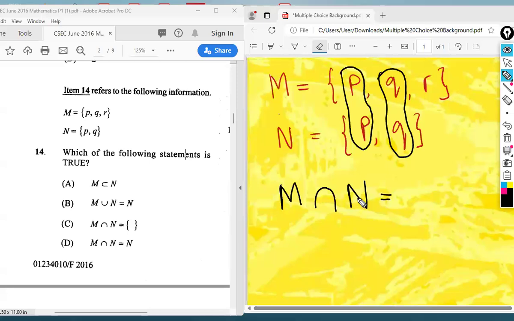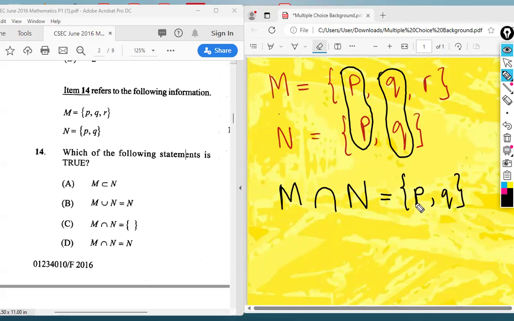M intersect N means what do M and N have in common? That is what intersect means. When you have 2 letters and you put intersect in between, you're really asking what both of them have in common. And both of them have what in common? P and Q. So this is how you would write it.